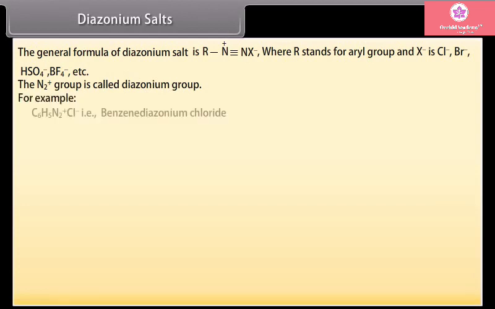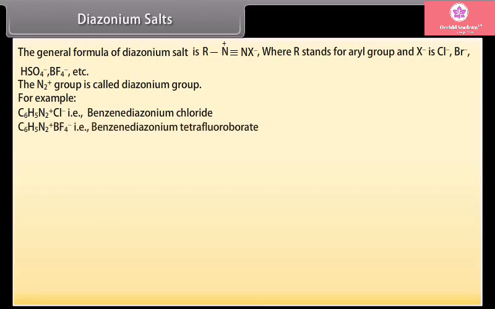For example, C6H5N2+ Cl−, that is benzene diazonium chloride. C6H5N2+ BF4−, that is benzene diazonium tetrafluoroborate.